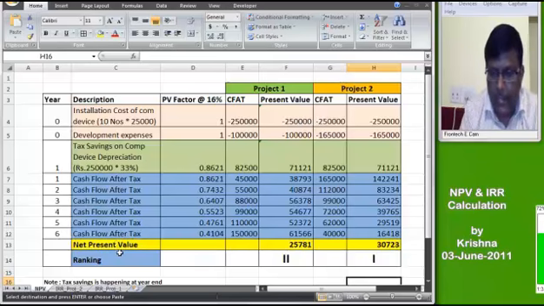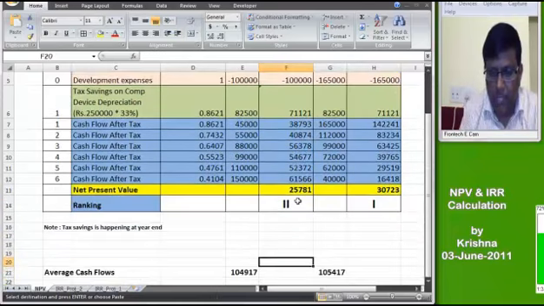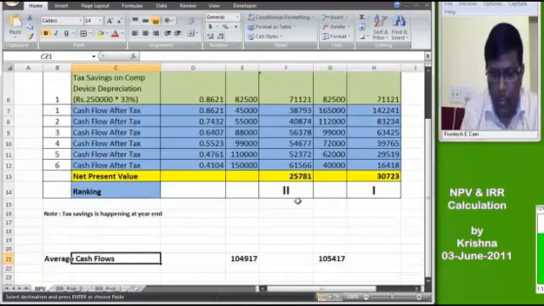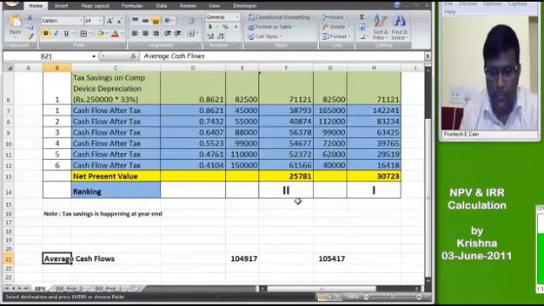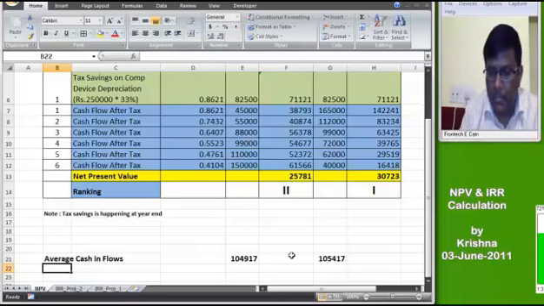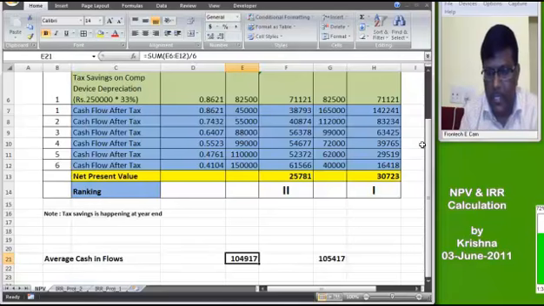To identify IRR, we have to first find out the average cash inflow. For both projects I have identified the average cash inflows.